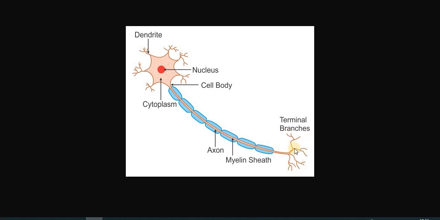In that gap a liquid is filled, and its function is to convert the electrical impulse into a chemical impulse. Again it is collected by the dendrites, and the dendrites convert this chemical signal into an electrical signal. Like this, the message is passed from one place to another.